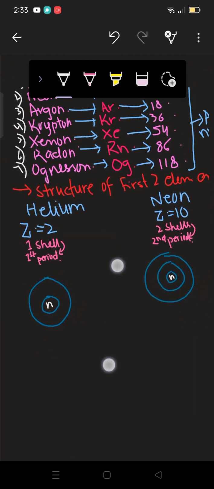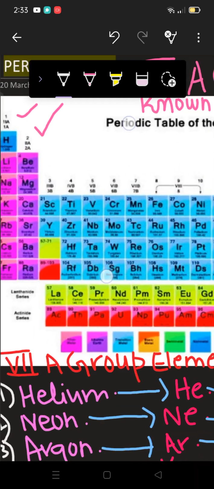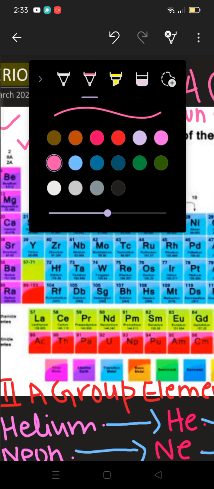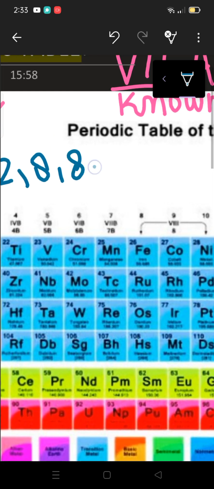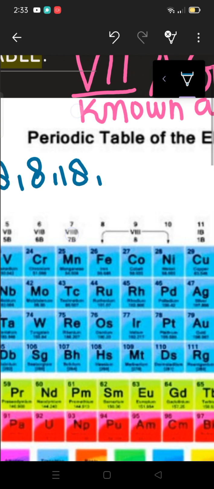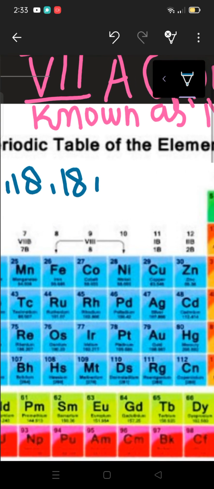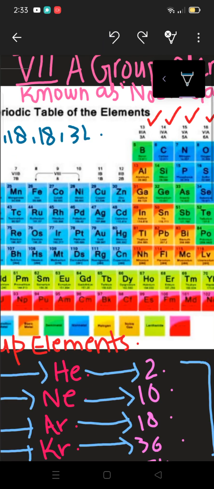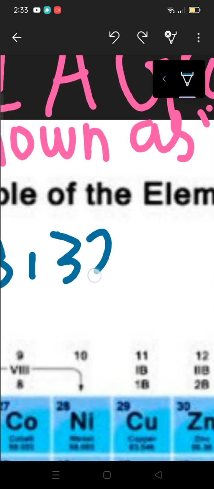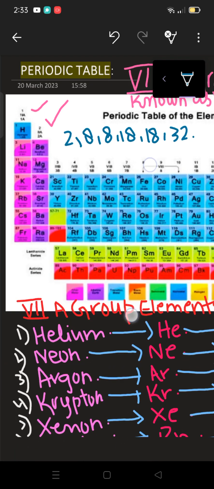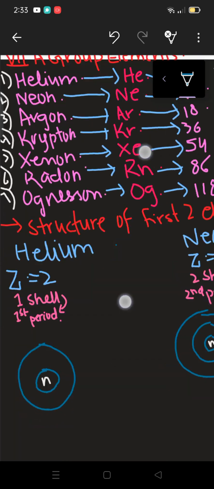So now let me write the configuration so that we can put electrons according to that. So I'm writing 2, 8, then 8, then 18, then 18, and then 32. Alright, so this is the electronic configuration.